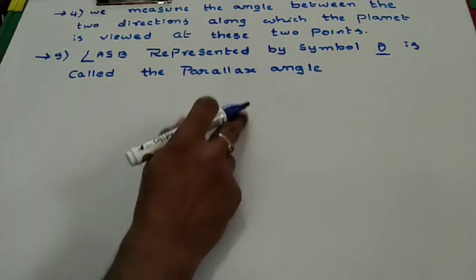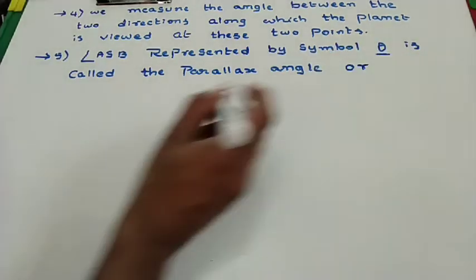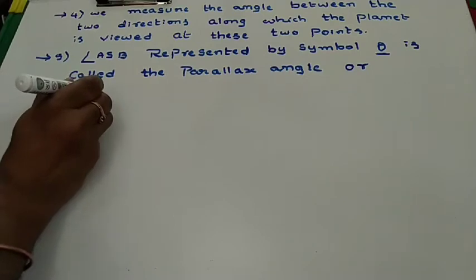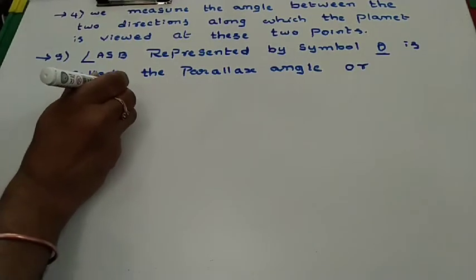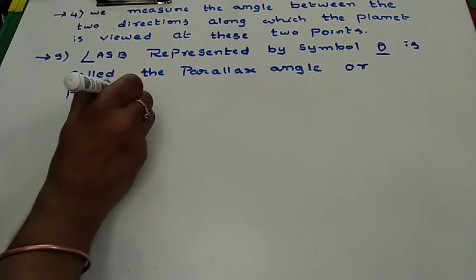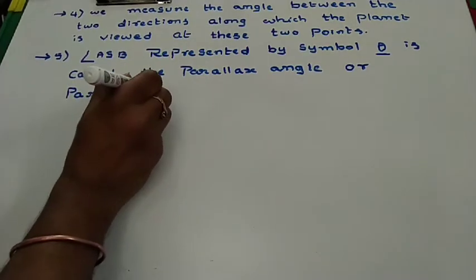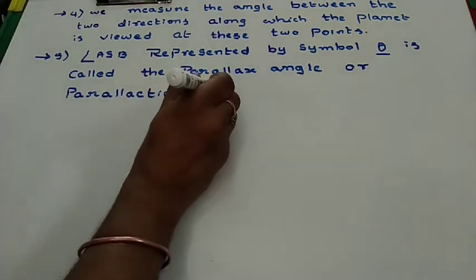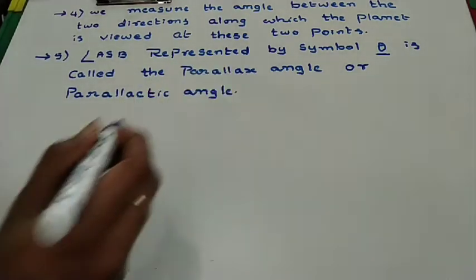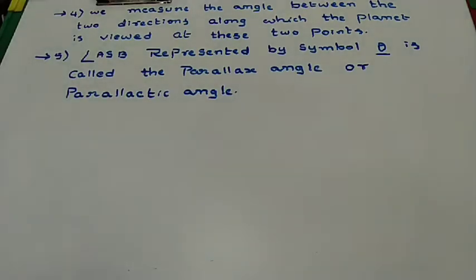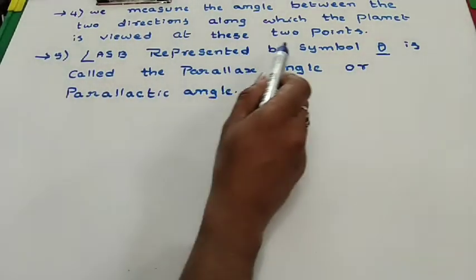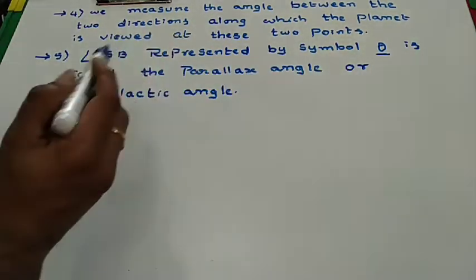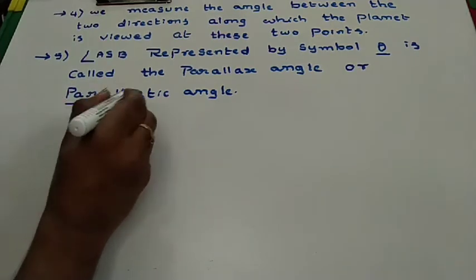The other name is parallactic angle. Now once again, my dear students: angle ASB represented by the symbol theta is called parallax angle or parallactic angle.